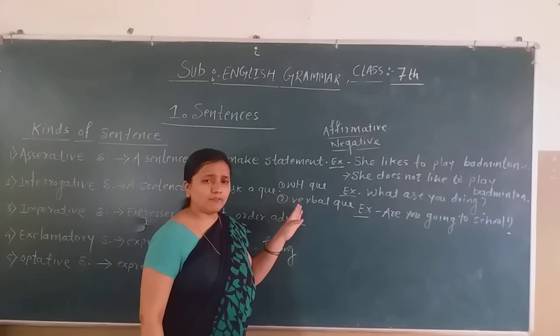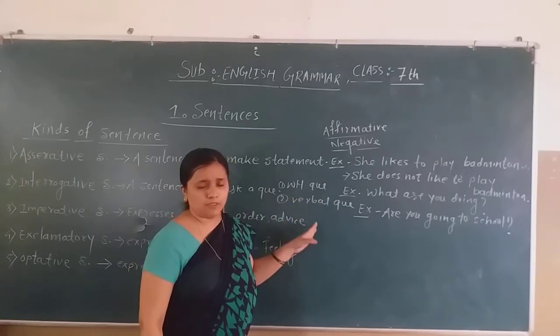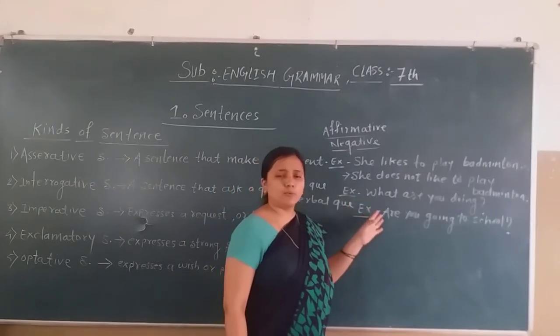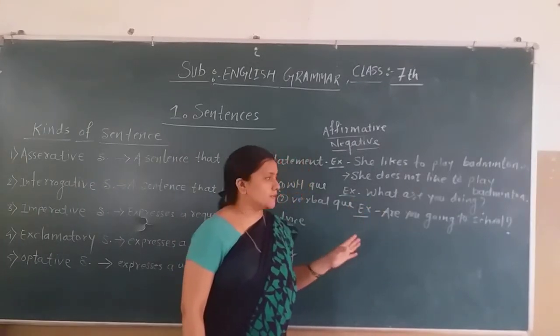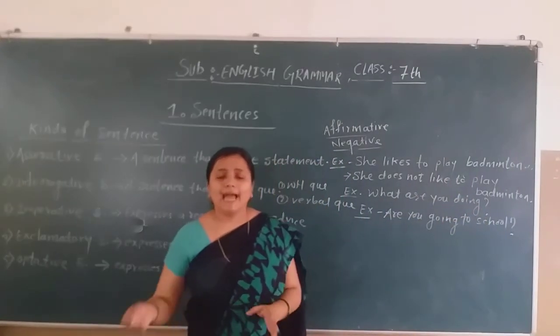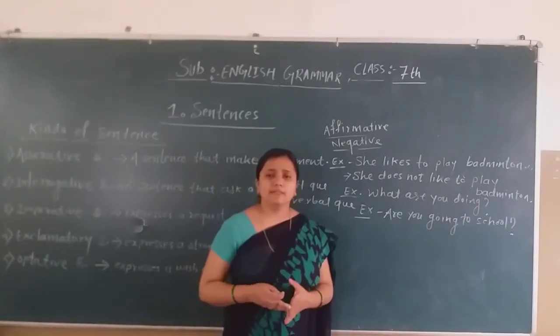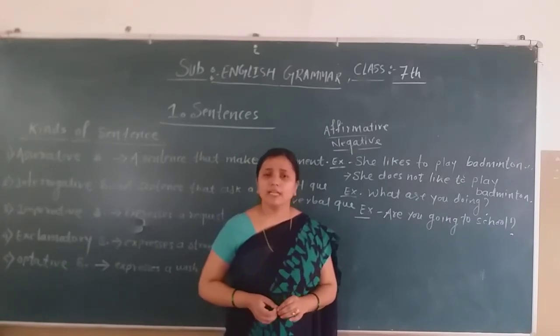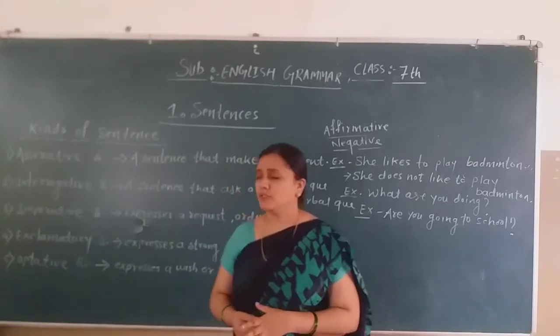And when we talk about the interrogative sentence, it starts with WH words or any modal auxiliary and ends with a question mark. So as per the kinds of sentence, proper punctuation marks are required whenever we form any kind of sentence.